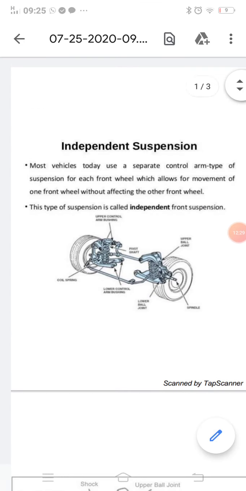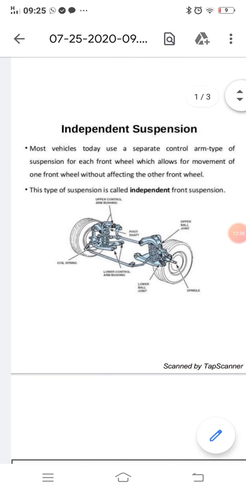Okay, and this is one type of independent suspension system. Why is it an independent suspension system? Because there is a separate control arm type of suspension for each front wheel, which allows movement of one front wheel without affecting the other front wheel.